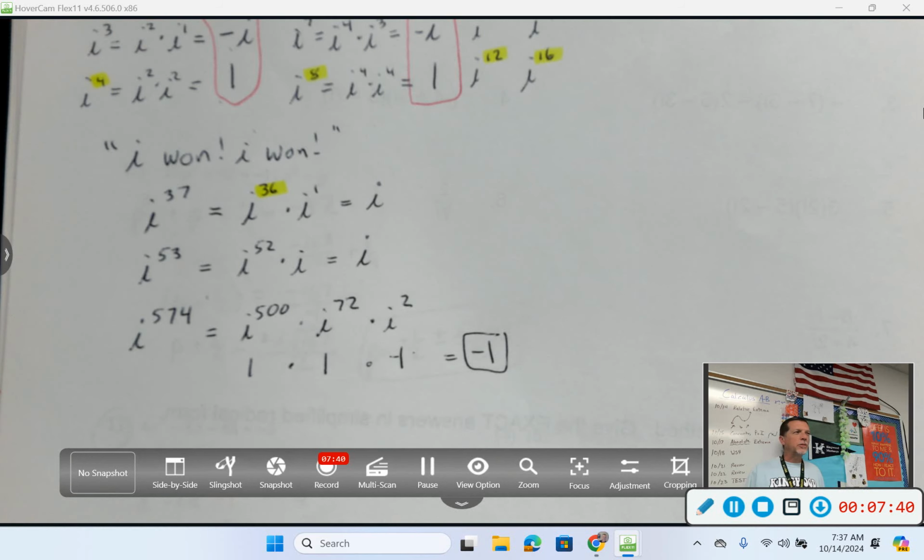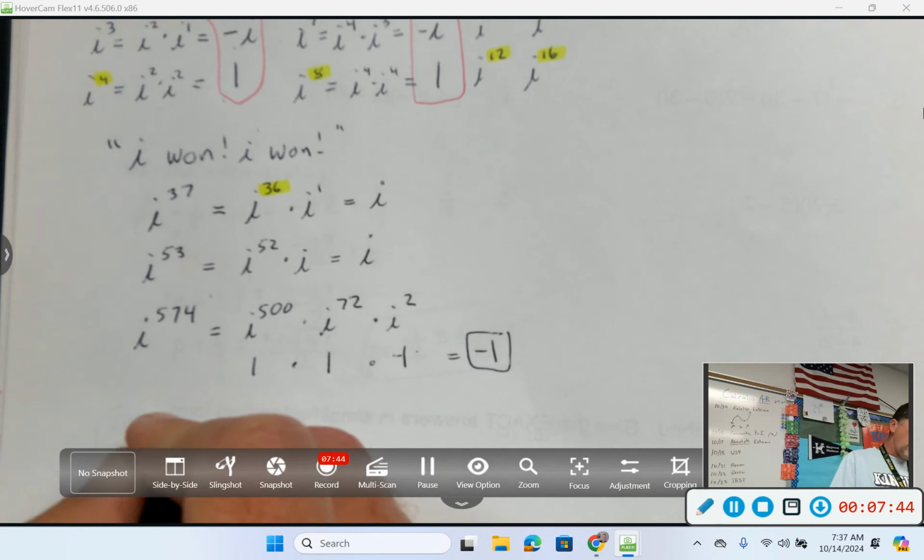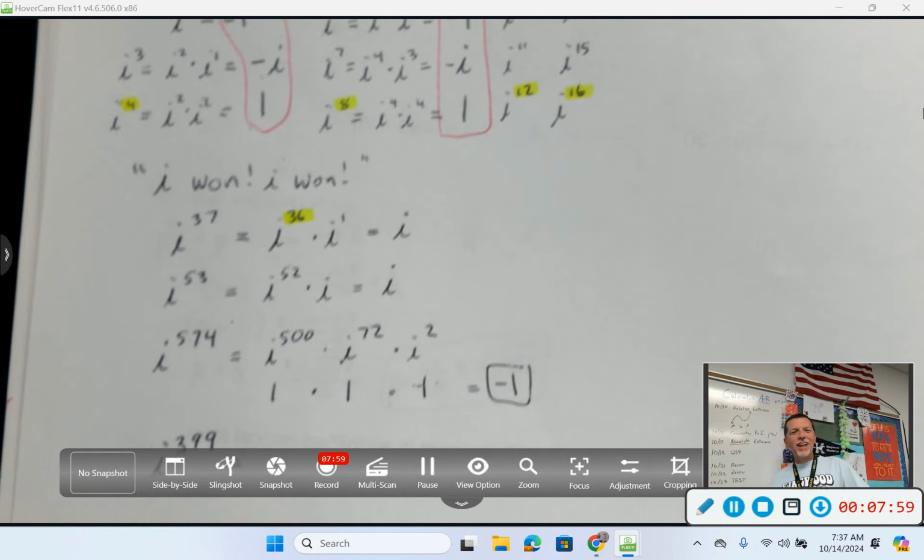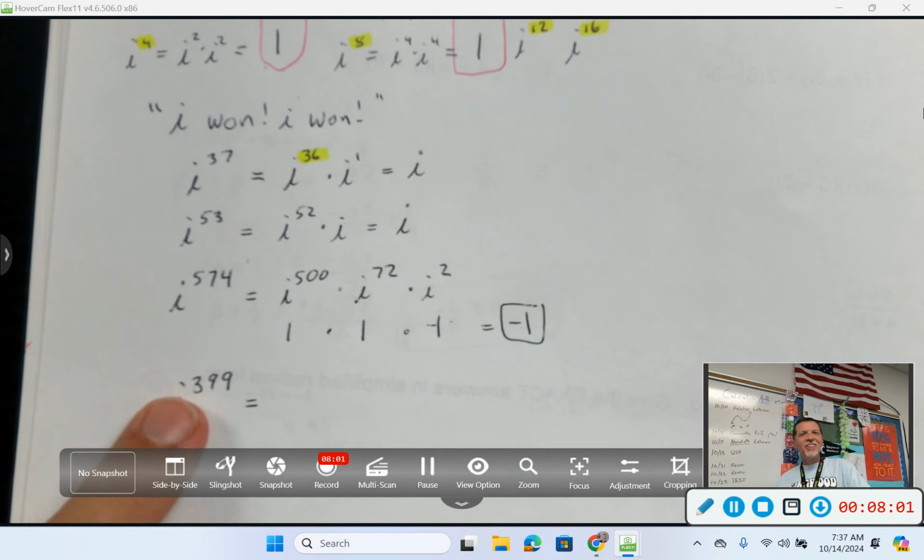Do we need to do another one of these? How about i to the 399? Where you get negative i from? Because 400 is a multiple of 4, and that's 1 below it. Yes, I was hoping somebody would do that. So, i to the 400 is going to be 1, right?